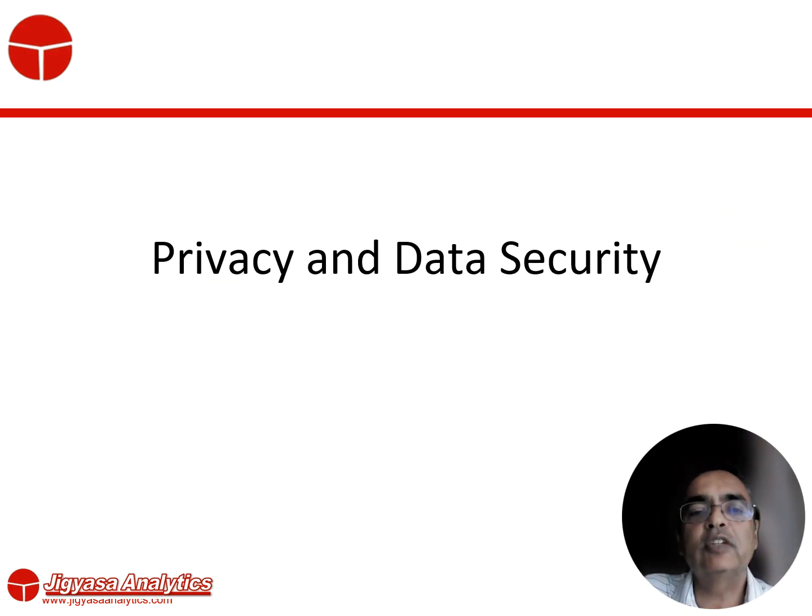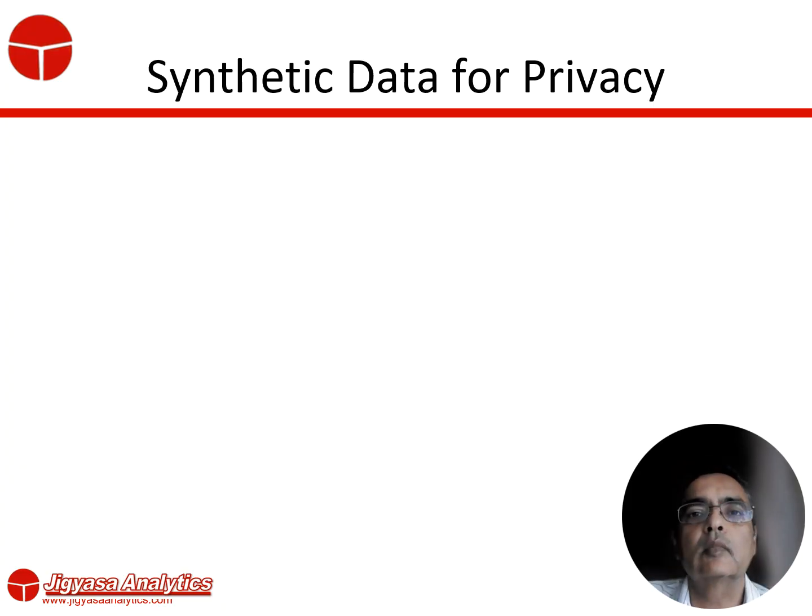Let us now briefly talk about privacy and data security. AI generated synthetic data can help a lot with privacy and data security. We have not today discussed in detail the techniques and tests we use to determine whether the synthetic data is good. Again, I will refer you to our previous webinars recording for that.